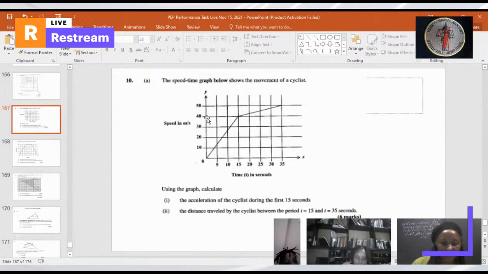That's 40. Change on the x-axis is from 0 to 15. That's 15. So 40 divided by 15 will give the acceleration. How much is that?